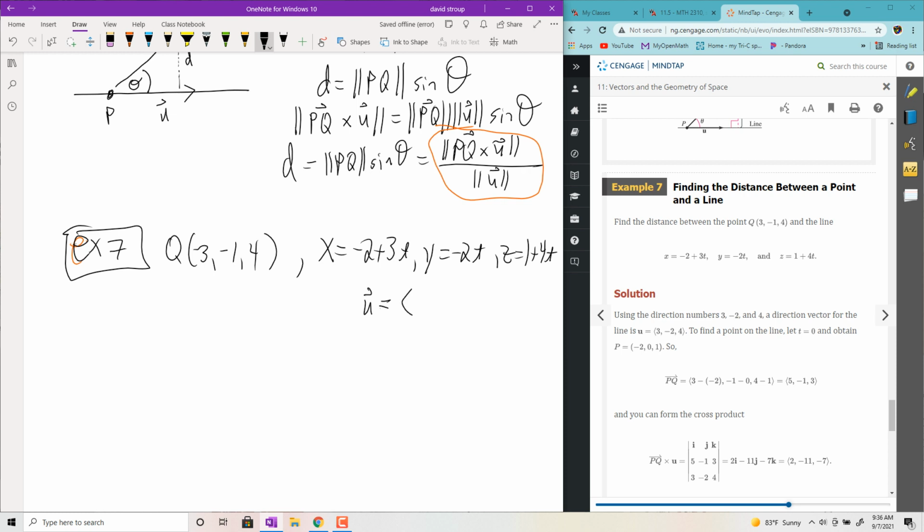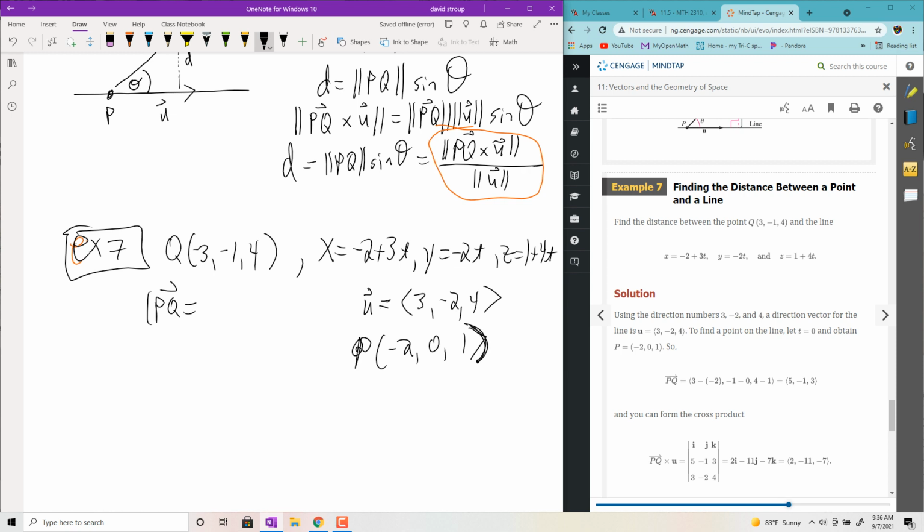So it's easy, just pick off the coefficients of the t's: (3, -2, 4). And then for PQ, you're going to have to get a point on the line, right? So you could let t equal 0 and get a point P on the line. So that would be (-2, 0, 1) when t is 0, and that's a point.